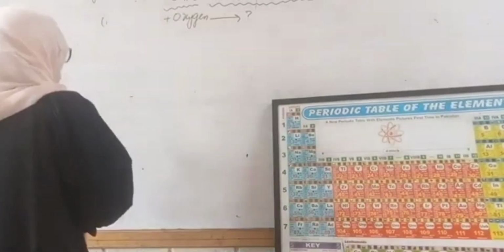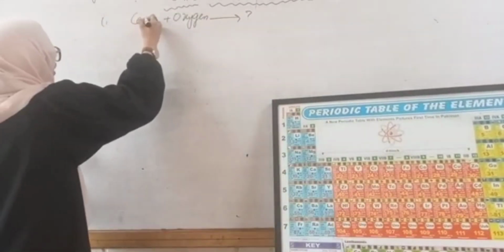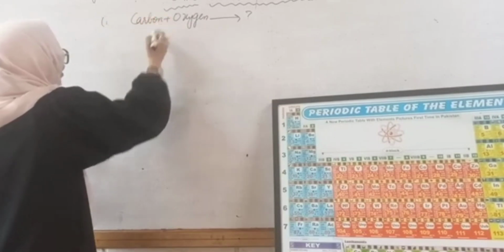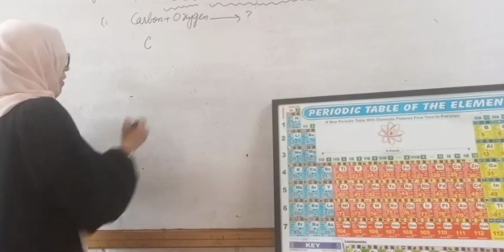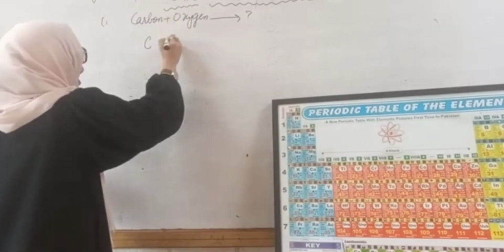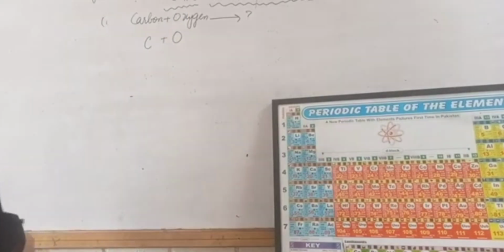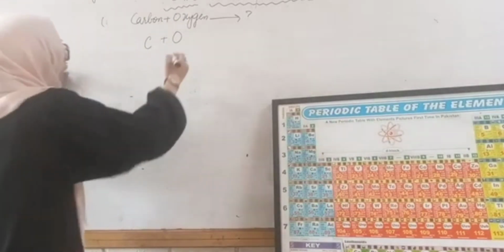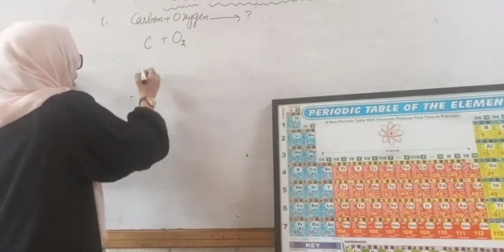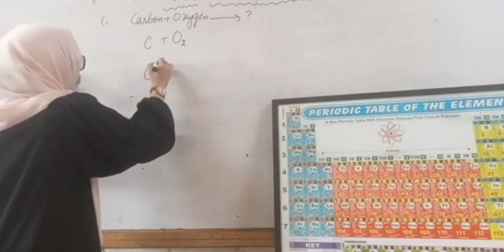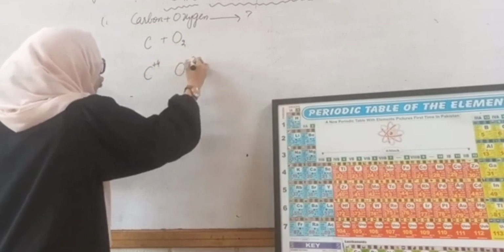Fine. It has symbol C and charge +4. Oxygen has symbol O and it is a gas, so it is written in the divalent form. Next, C has charge +4, O has charge -2.